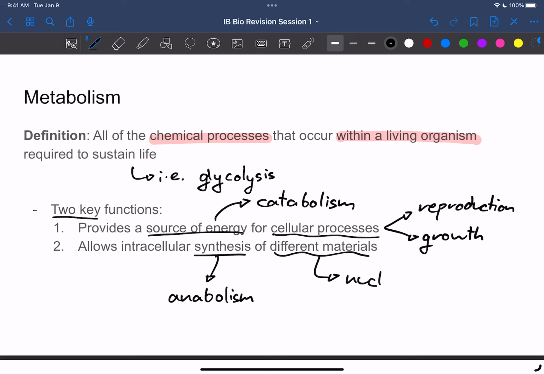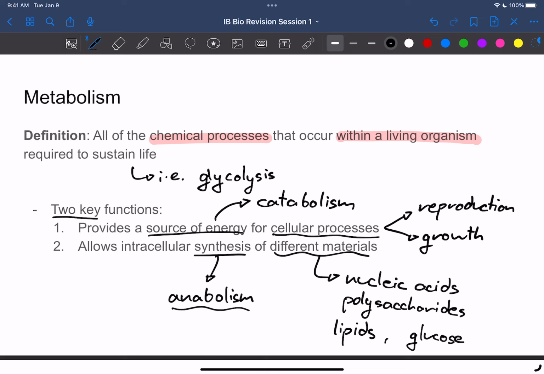So nucleic acids, polysaccharides, even lipids, or even glucose. Any kind of synthesis from smaller molecules to bigger molecules is called anabolism. And this requires energy.